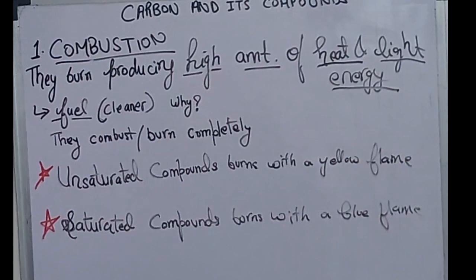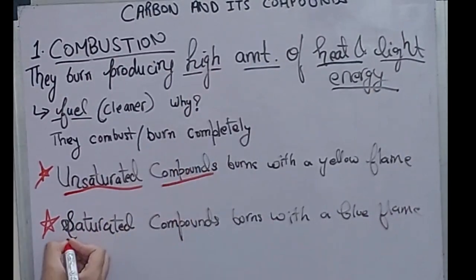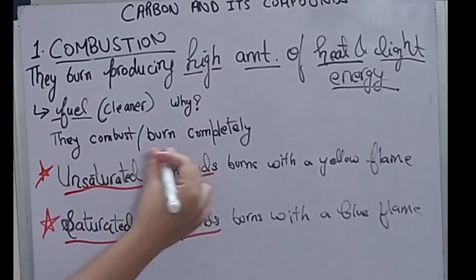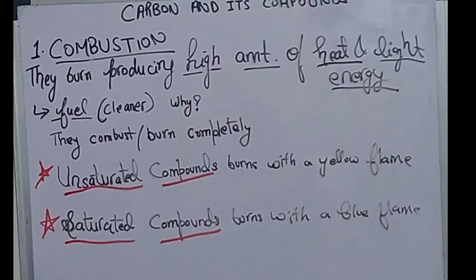What I am trying to ask you is, for this particular chemical property, I am going to question you why. You try to tell me the answer, and in this way we are going to understand the topic combustion. So first tell me what unsaturated compounds are and what saturated compounds are. Unsaturated compounds are those in which there is a double or triple bond between the carbons.